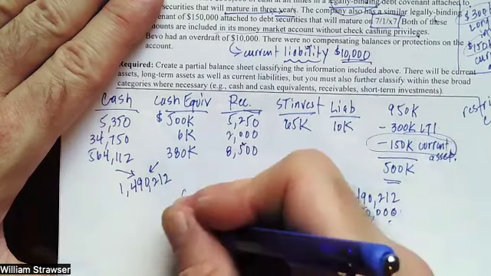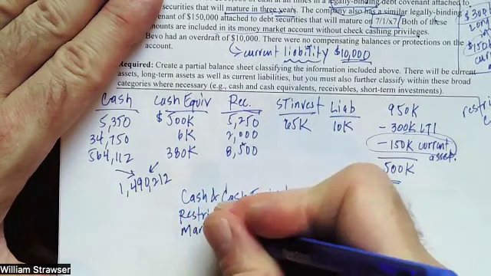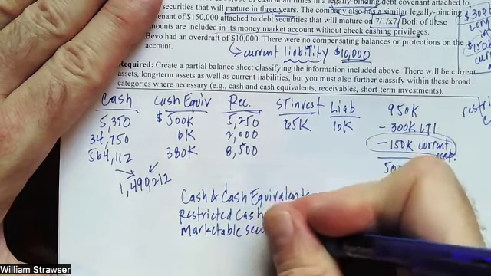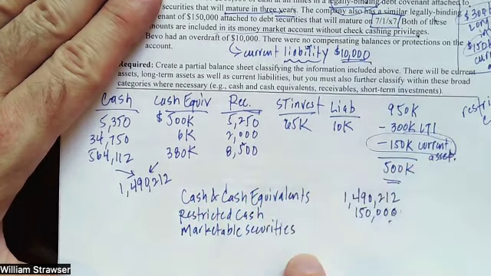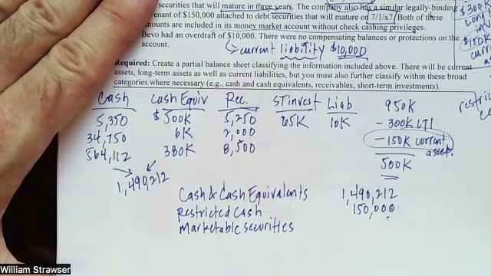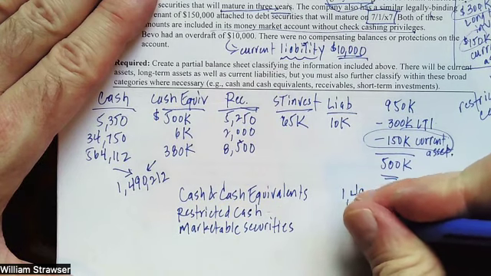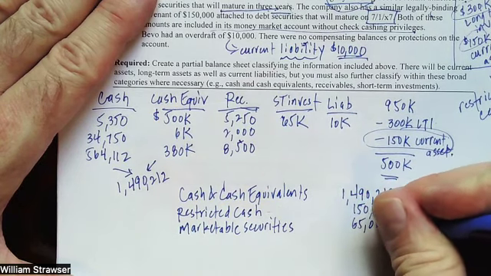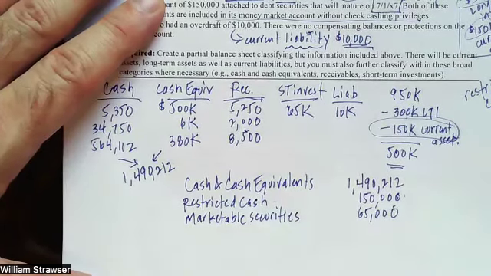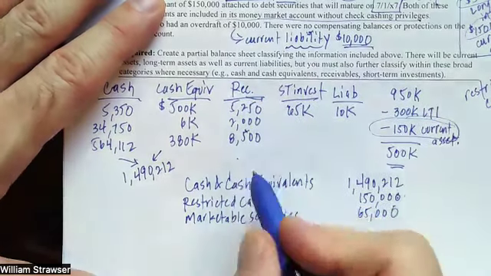Next would be my short-term investments. We tend to call these marketable securities. That's the official industry term for them. So any investment that is not a cash equivalent that will mature and pay off within a year goes into that category. $65,000. Those tend to be more liquid because there's markets for these items than receivables where we're waiting for something to happen or someone to pay us.